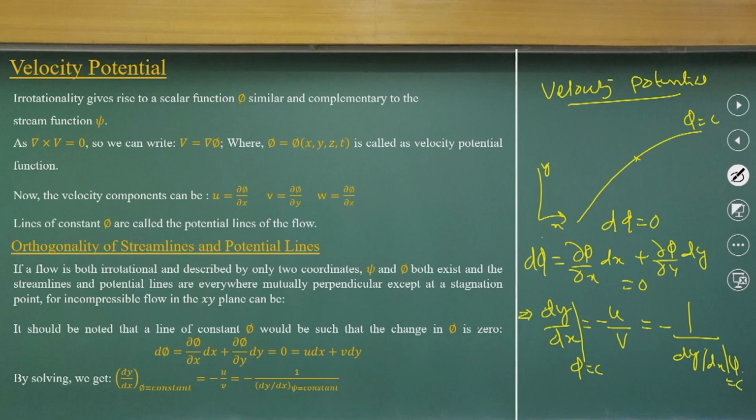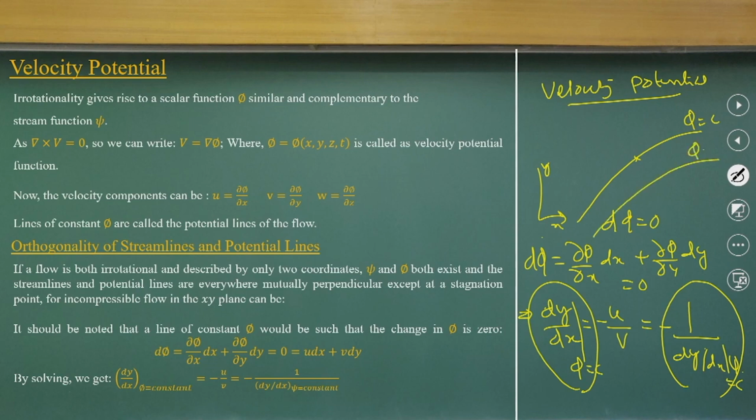The product of these two slopes is minus 1, as you know, which means the two lines are meeting at 90-degree angles, or they follow orthogonal behavior. So, this is from the basic relationship between the streamlines and the velocity potential functions.